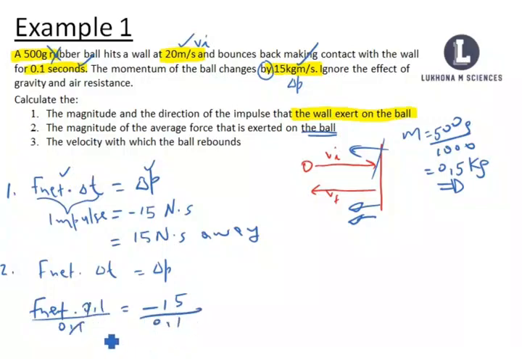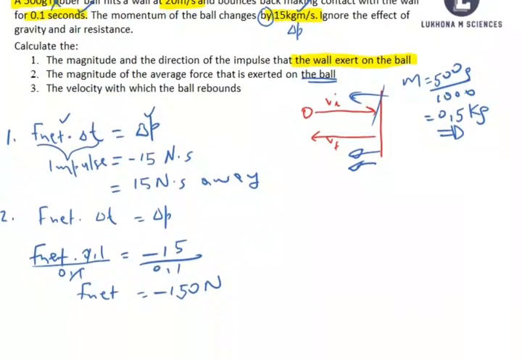Then we get the net force, which is equal to 15 divided by 0.1, which is equal to -150 newtons. So it is 150 newtons, since it is negative, away from the wall. It is a force that is exerted by the wall to the ball. Force exerted by the wall to the what? To the ball.